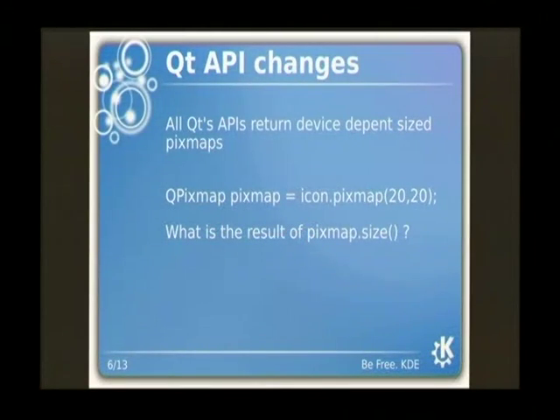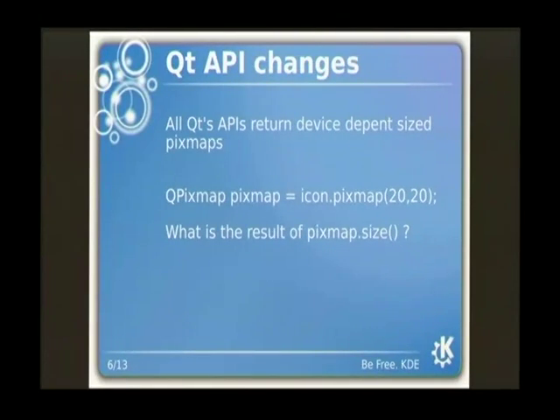So, assuming we have a fancy screen, our device pixel ratio is set to 2. We're scaling everything from the user space to device by 2. If I have this line in my code, I have a QIcon, and I call QIcon.pixmap, and I say I want the size to be 20 by 20, and then I print out the size of the pixmap.